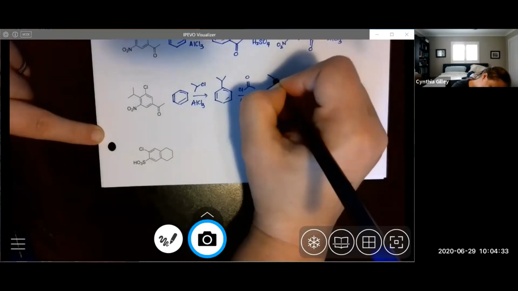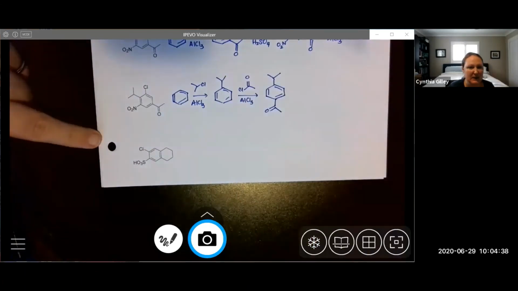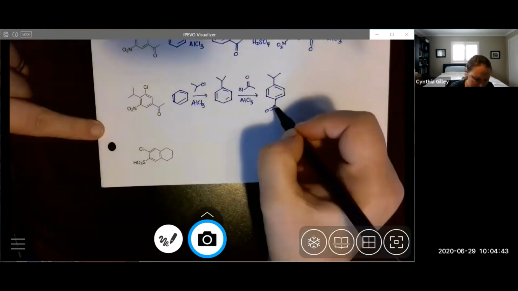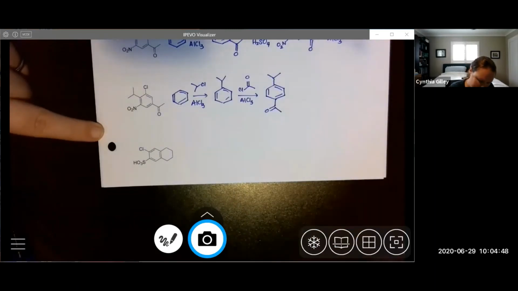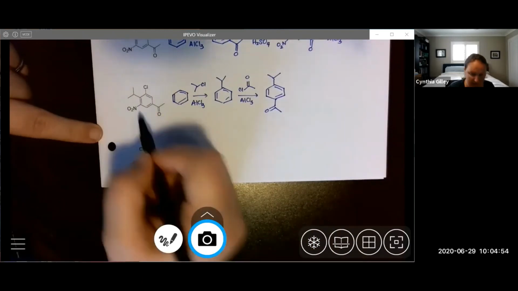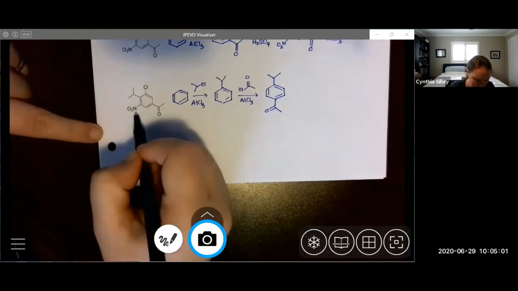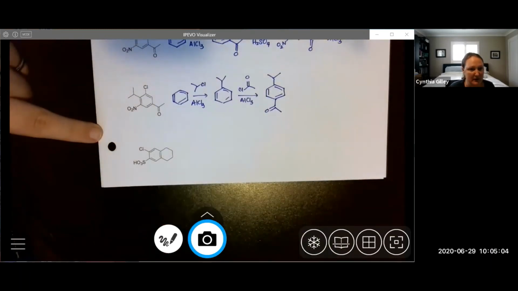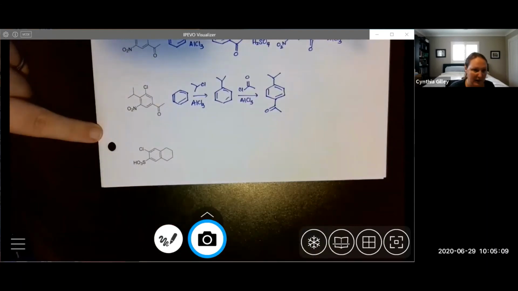So I don't confuse you with the fact that I've kind of rotated the ring. From here, the acyl group is directing meta, and the isopropyl group is directing ortho. So they're directing to the same position. So at this point, we can either introduce the nitro or the halogen. And I would introduce the nitro first, just because the nitro will help direct the chlorine into the meta position, whereas the chlorine is an ortho para director. That could be problematic.